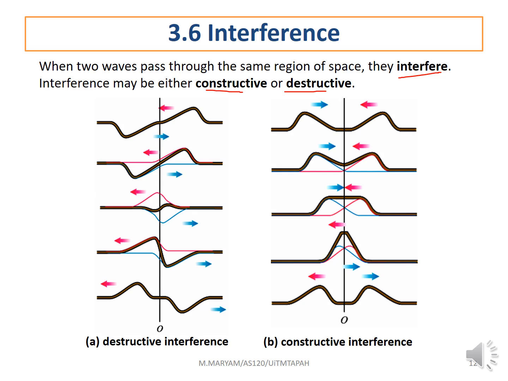A represents destructive, B represents constructive. In this one, when a crest meets a trough, it becomes destructive interference. In this one, when a crest meets a crest, it becomes a double crest.